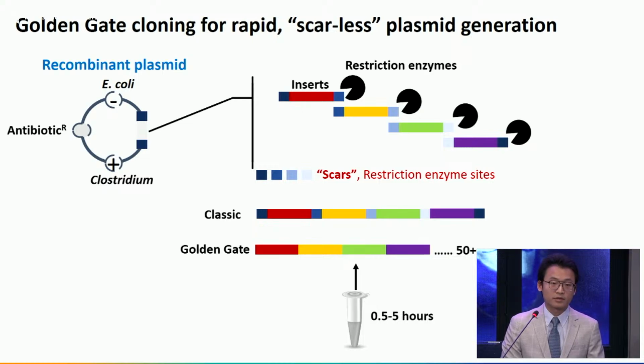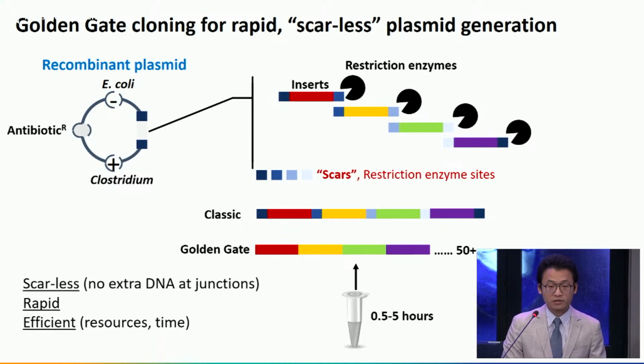As you may see, compared to the classic cloning process, Golden Gate assembly can clone plasmids without including restriction enzyme sites, meaning scarless with no extra DNA additions, which could be important for controlling drug production in Clostridium. Therefore, a new series of Golden Gate-based cloning plasmids were generated in this thesis, enabling us to have a scarless, rapid, and efficient cloning process for plasmid generation.